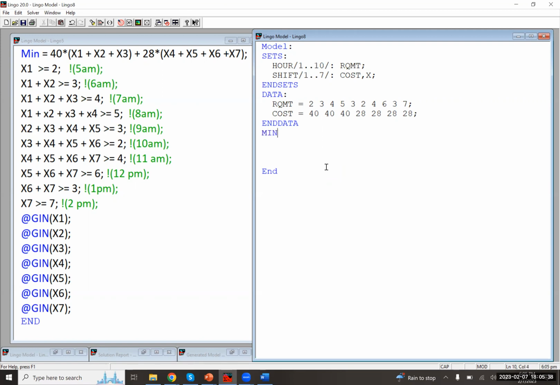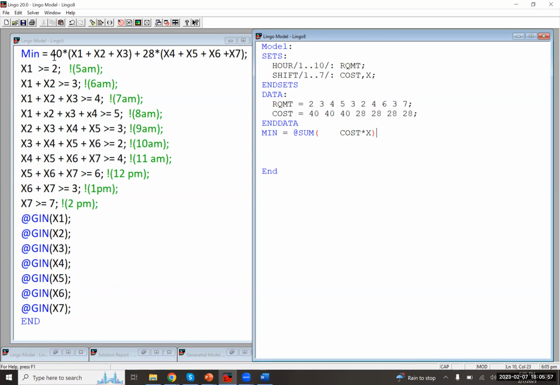So it's going to be minimize equals at sum, cost times X, right?